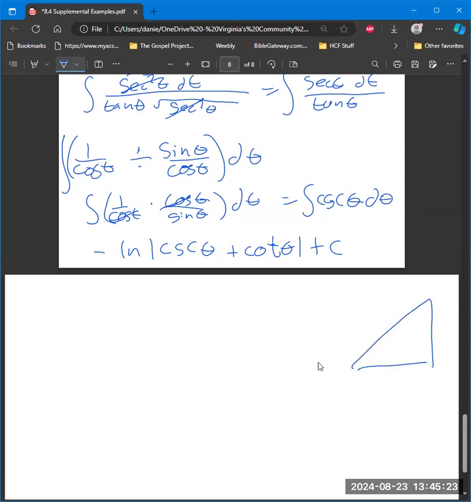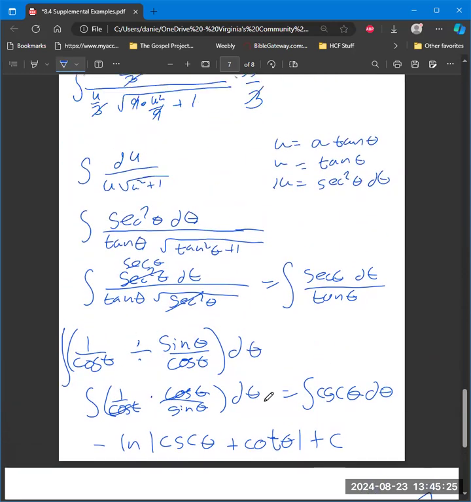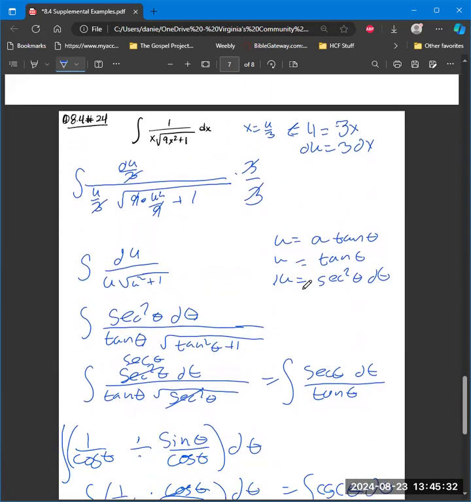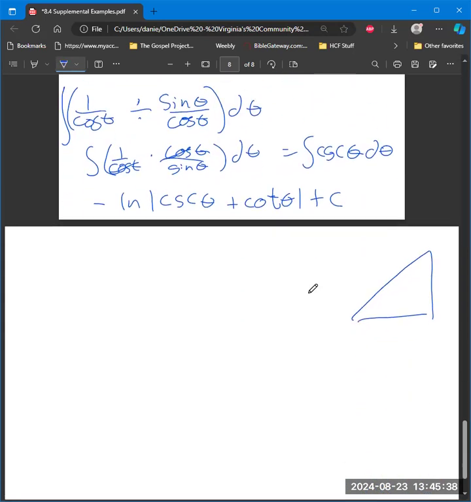And I'm going to draw my triangle here that I had. u was a 3x, and I have tangent is u over 1, so 3x over 1, and this was root 9x squared plus 1. That's where that came from.